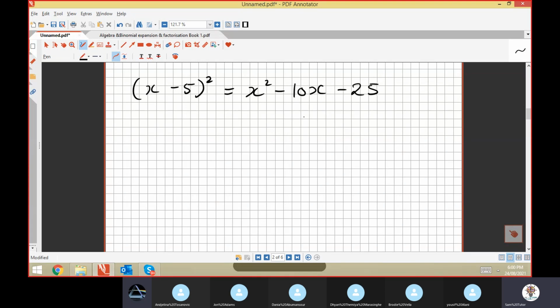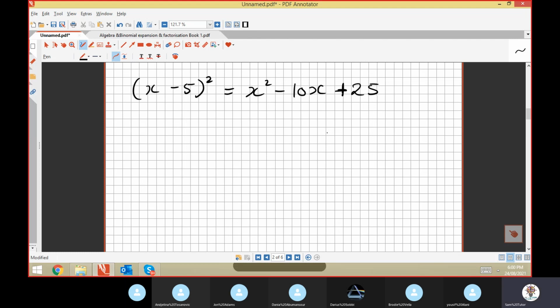Two negatives make a positive. So you said x squared here, I agree with that. I also agree with this, so good job with that. Negative 5 times 2 is negative 10, times x is negative 10x. But what's negative 5 times negative 5? Positive 25.